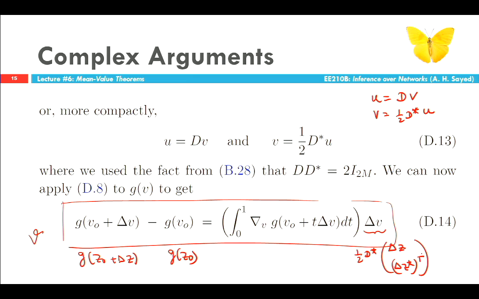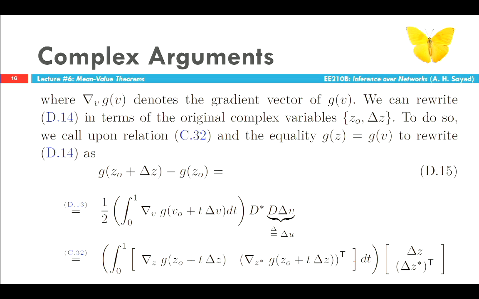Just the same argument I used in the convex case. Are you following? Okay, I'm doing it slowly. And then remember, the gradient of v used to be the gradient relative to x of g and the gradient relative to y of g, at this argument here, times 1/2 d star. And you remember I did the same calculation when I was studying convexity in the complex domain. Do you understand that? Okay, I have it on the next slide.